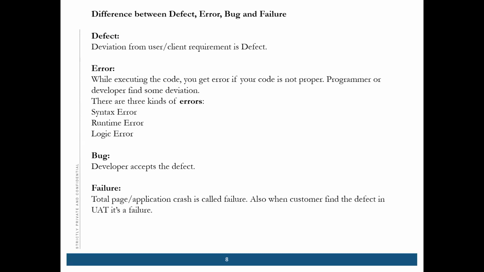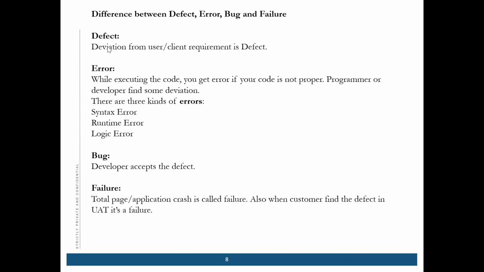Okay. So a defect is a deviation from the expected, as we have been learning till now: deviation between actual and expected is the defect. It also comes up: what is the difference between a defect and a bug?